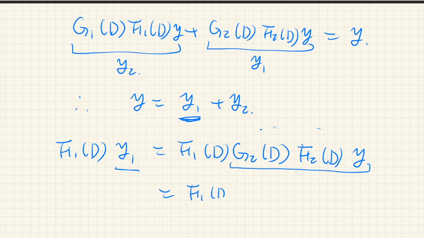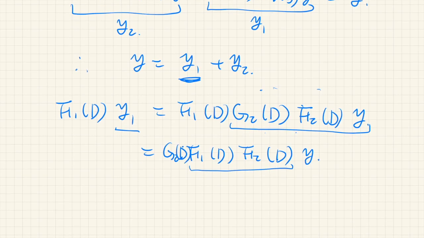And we have f1 and f2, and let's see, I think we should put g2 first. Okay, so we have g2 of d here and y. But this one is f of d by the definition.